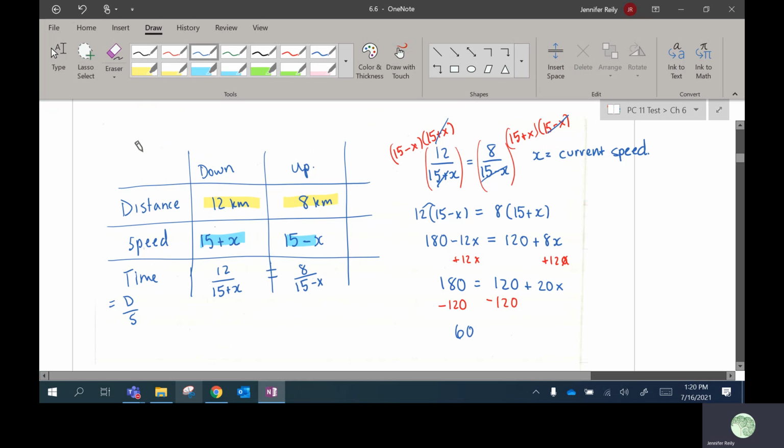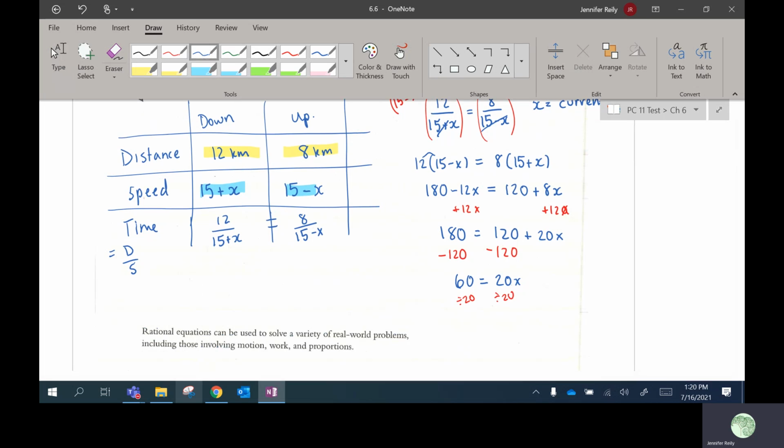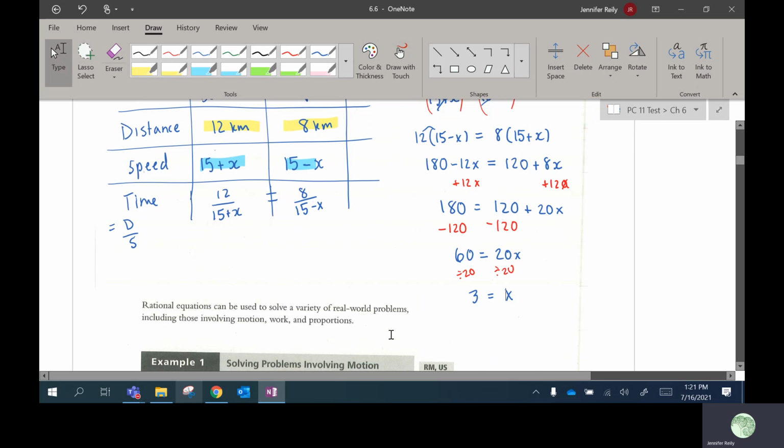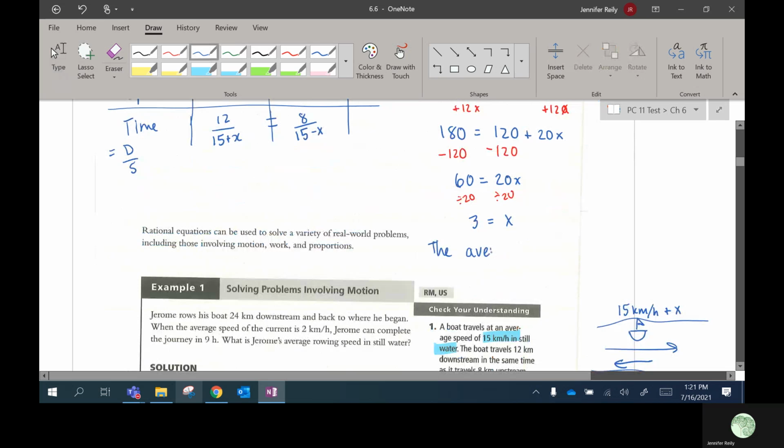So I have 60 equals 20x, dividing by 20. No factoring to do in this question. x equals 3. So the current speed, the average speed of the current, is 3 kilometers per hour, and that's what the question had asked for. So the average current speed is 3 kilometers per hour in this scenario.